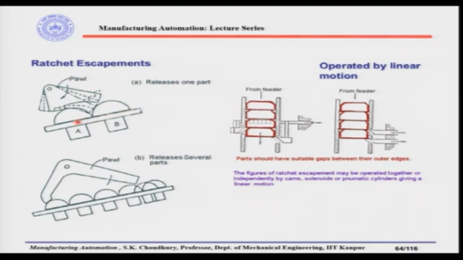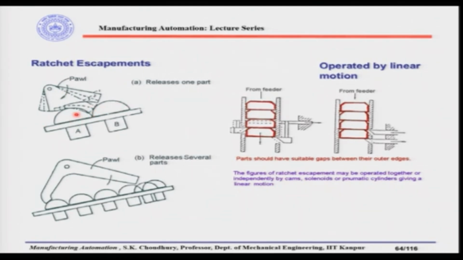And here from the feed track, these are the headed parts, they are coming through the feed track, and they are hanging in the slot as we have shown earlier. Now, because of this pawl, the parts can be fed one by one, as you can see.